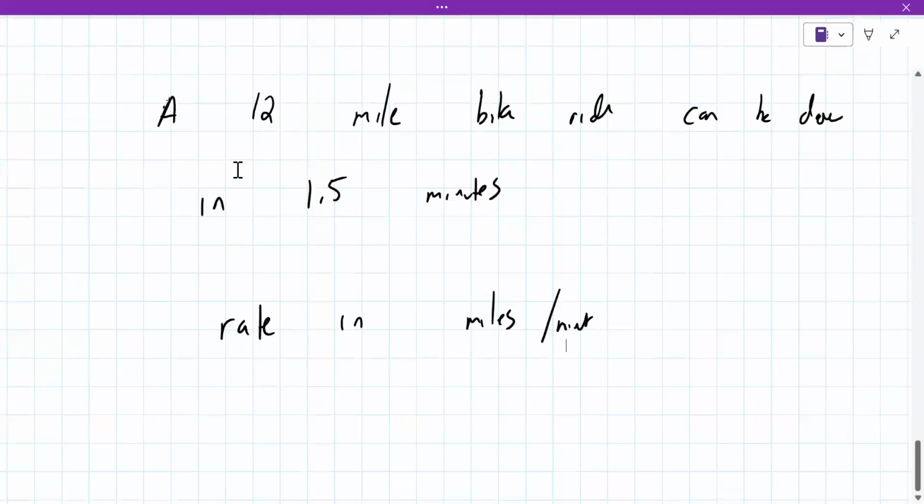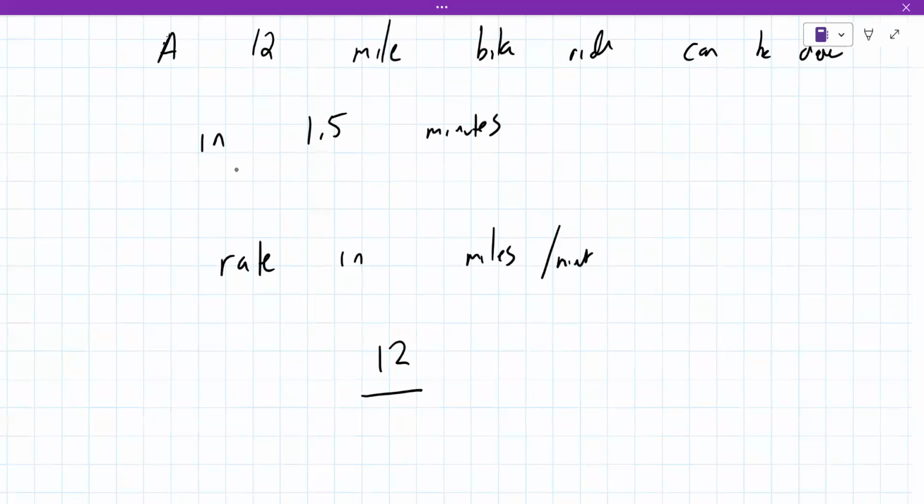All right, so this looks like 12 divided by 1.5. Now we haven't done one of these in a while, but if you move the decimal, you have to move the decimal up here as well. So it becomes 120 over 15.